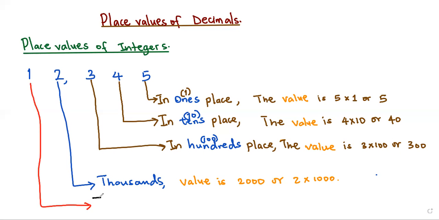And now, what is the value of 1? It is 10,000, which is the same as 1 times 10,000. Do you understand, all of you?